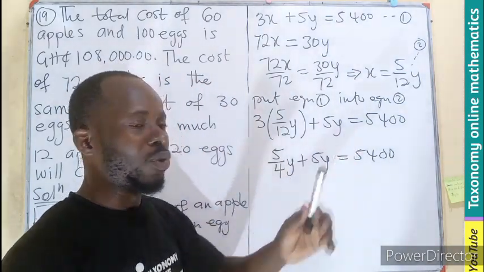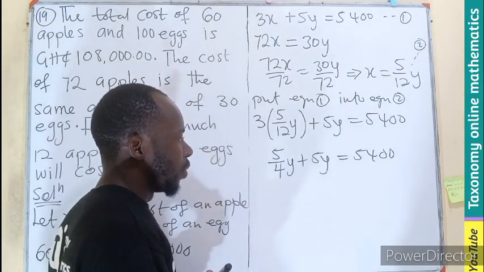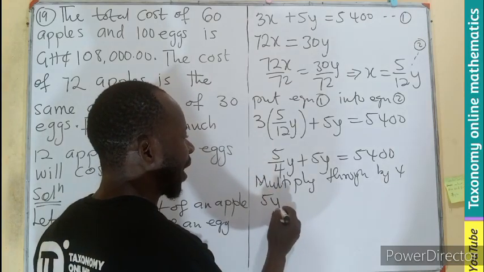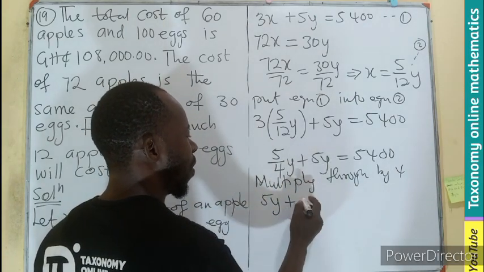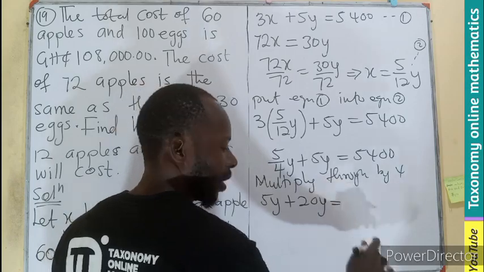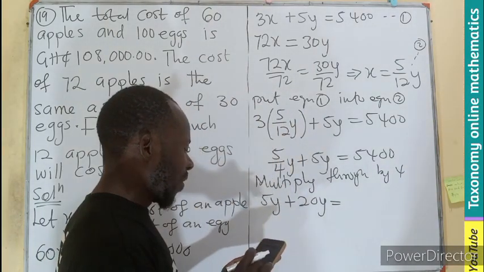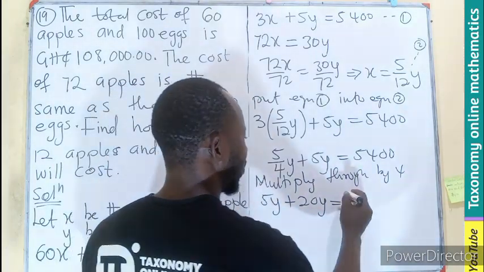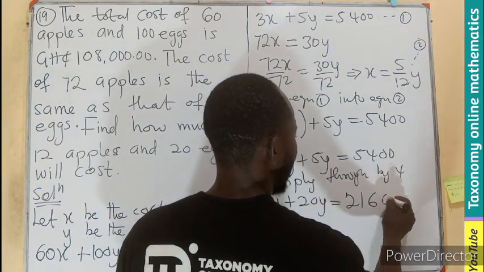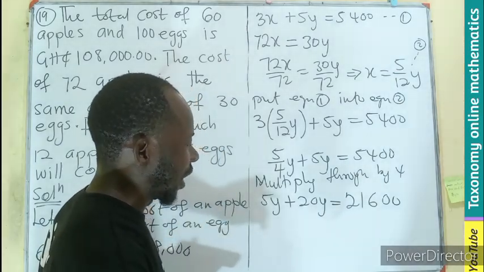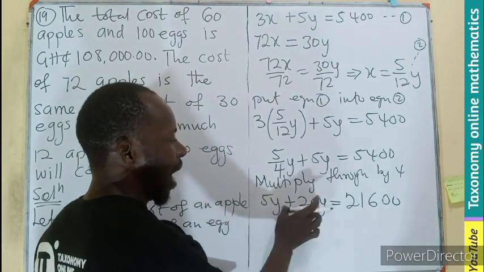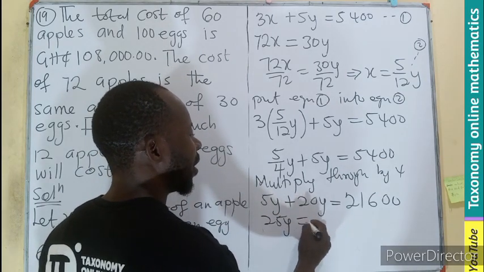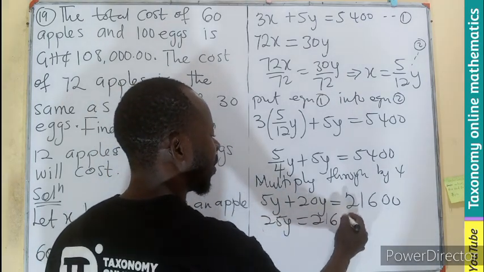So what do we do? We multiply through by the LCM, which is 4. When you multiply all by 4, you are going to have 5y plus 20y equals 5,400 times 4, which gives us 21,600. 5y plus 20y gives us 25y equals 21,600.